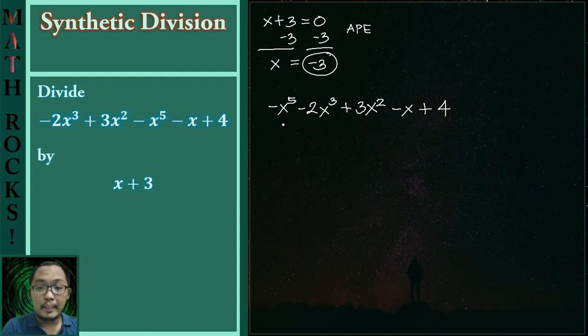But you will notice that this polynomial expression has a missing term. Normally, we can easily notice that by looking at the highest exponent and continuously reducing such exponent by 1 until the constant term.